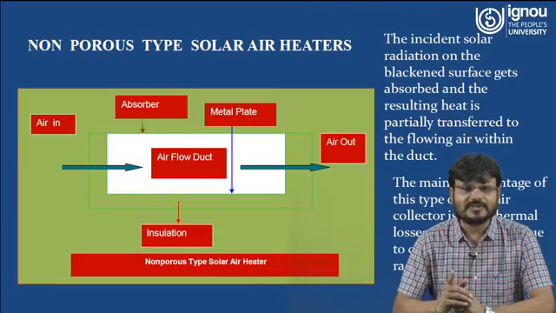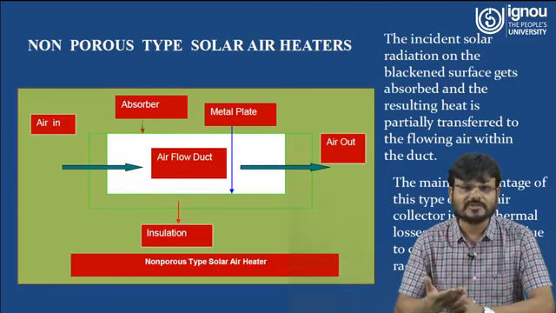As air goes inside the duct, it comes in contact with the base of the absorber, and the heat associated with the base of the absorber transfers to the working fluid, that is air. Now you can see that is air out. That means you will get some hot air.